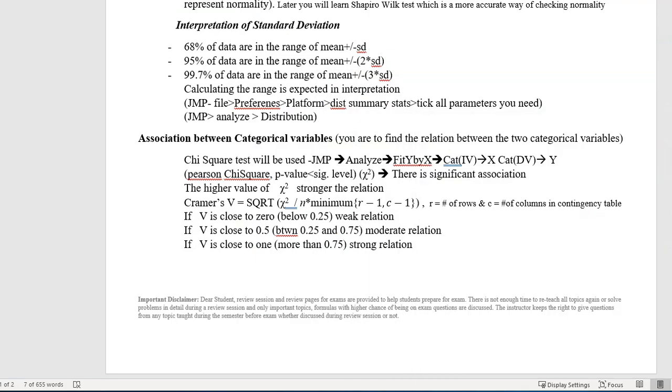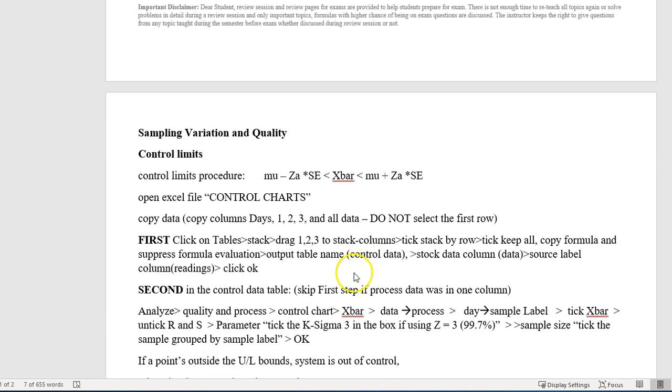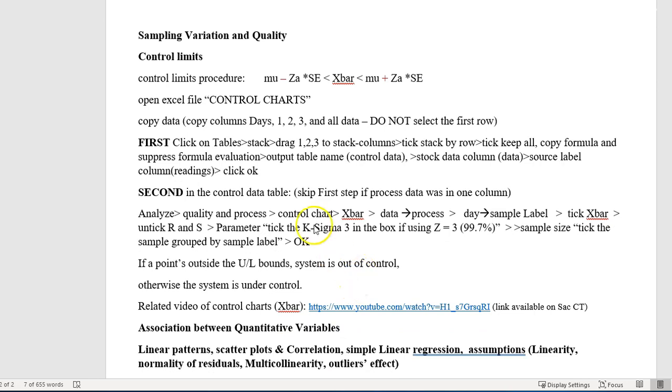What else do we have? So that was here. When you create the Cramer's V, remember that if it's close to 0, that's a weak relation. If it's close to 0.5 or in this range, moderate. If it's close to 1, strong relation. I gave you a 5 scale, so it doesn't really matter.